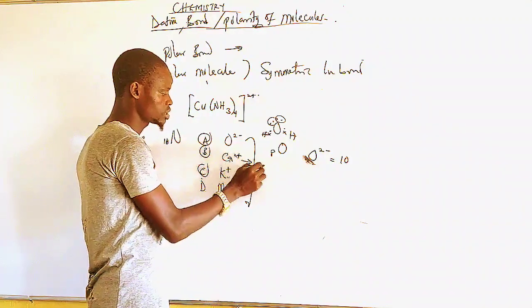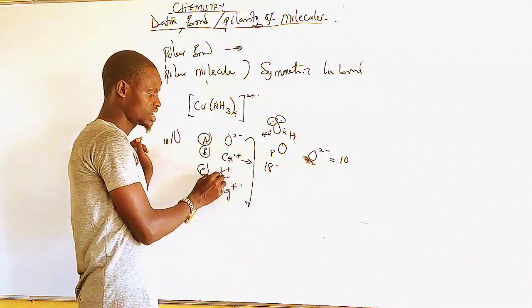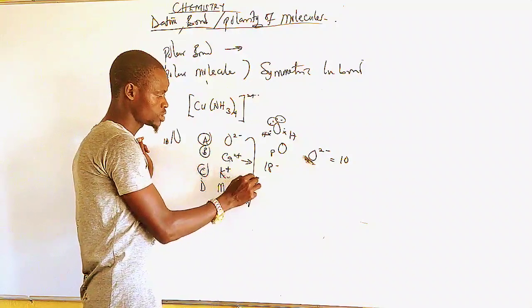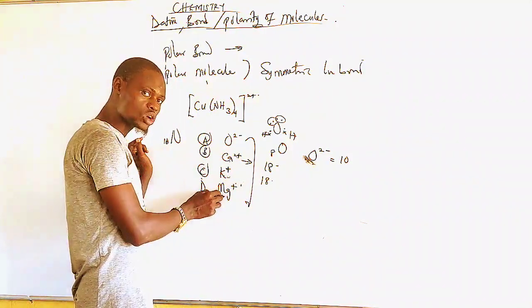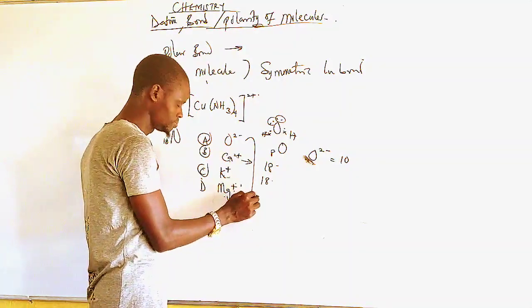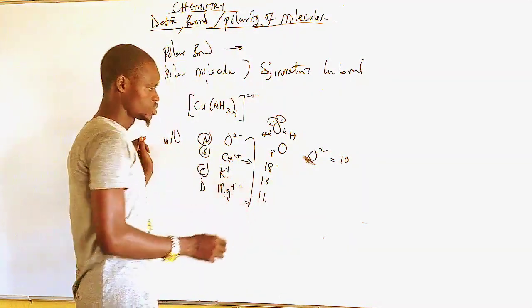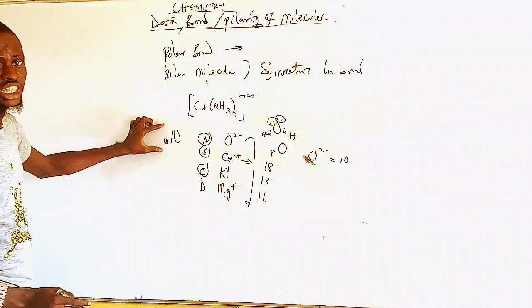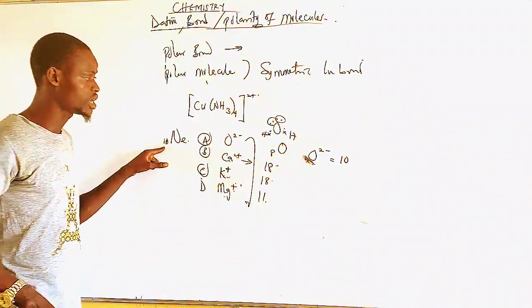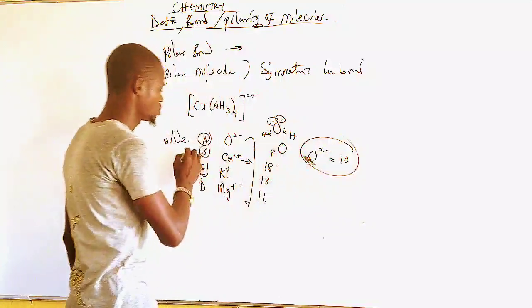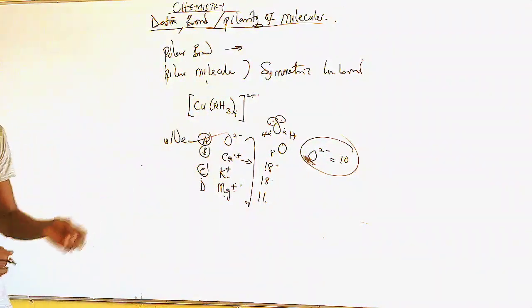When it becomes 2 plus, the electrons become 18. Potassium has 19 electrons. Potassium plus becomes 18 also. Magnesium has 12 electrons. Magnesium plus becomes 11. So which of them has the same electronic configuration as neon? Neon has 10 electrons, so it is O2 minus. Option A has 10 electrons.